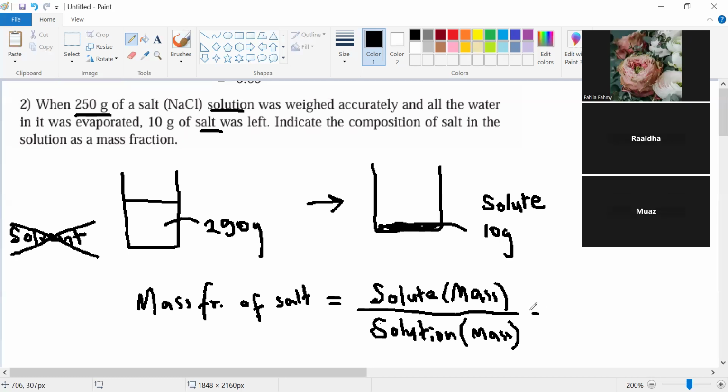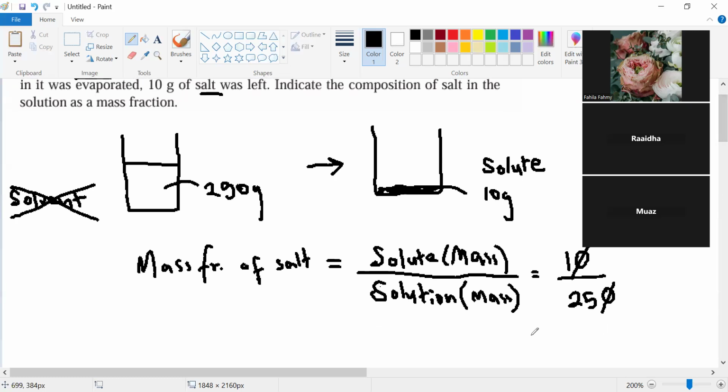Okay. So what is the solute's mass? 10. Divided by 250. You get 1 over 25 would be the answer, right?